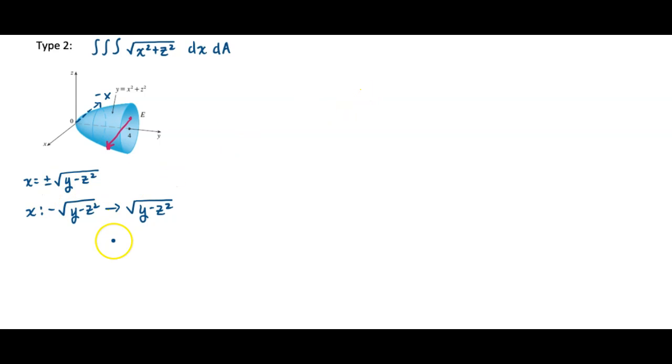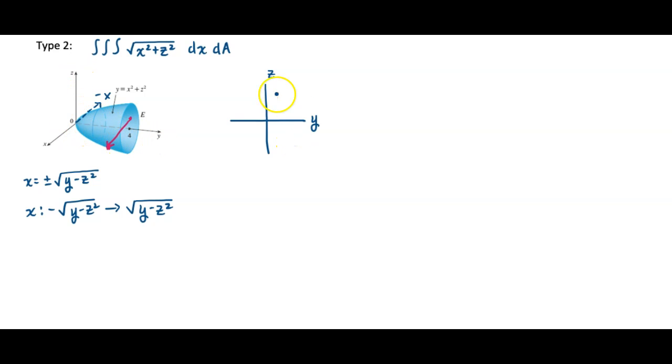Okay, so now that I've got my x values taken care of, let's deal with the y and z bounds by drawing the yz plane, the projection onto the yz plane. On the yz plane, this view is a little more simple.